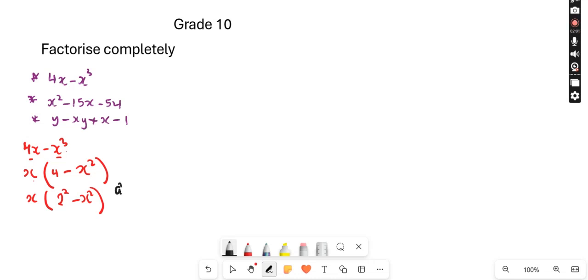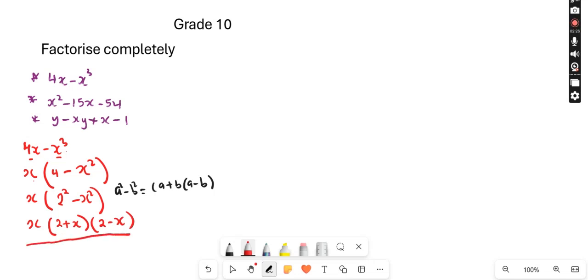Whenever you have a squared minus b squared, you get a plus b and a minus b. So when you come to this part, I'm going to get x into brackets 2 plus x, into brackets 2 minus x. So here you factorized question 1.